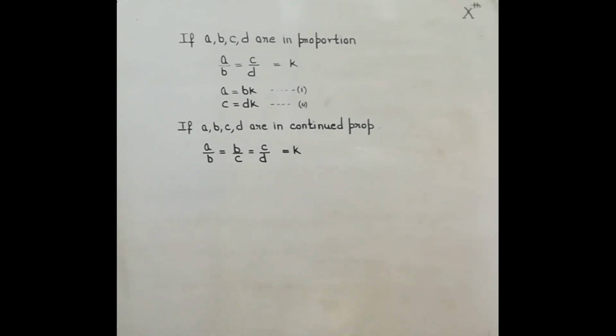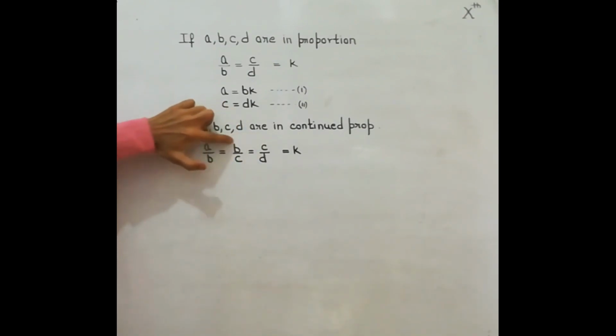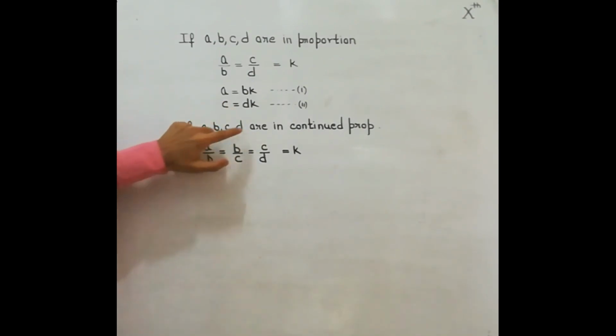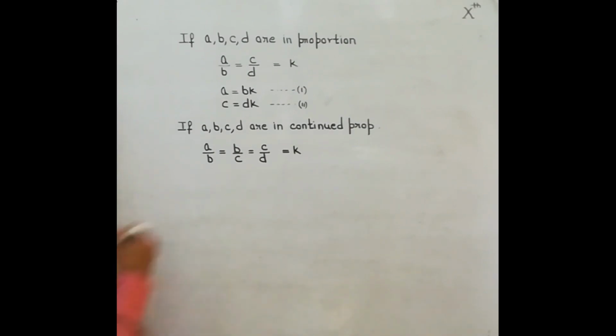So here we can't say that only the ones in the numerator place will be replaced. All of them have to be converted in terms of the last term, and the last term over here is D. So you have to convert A, B and C, these three, in terms of D, whichever is the last term.